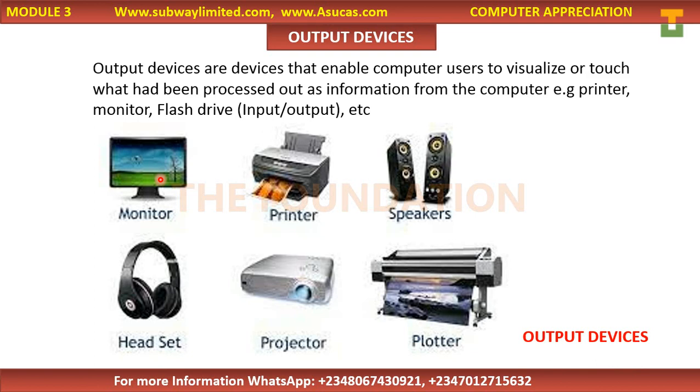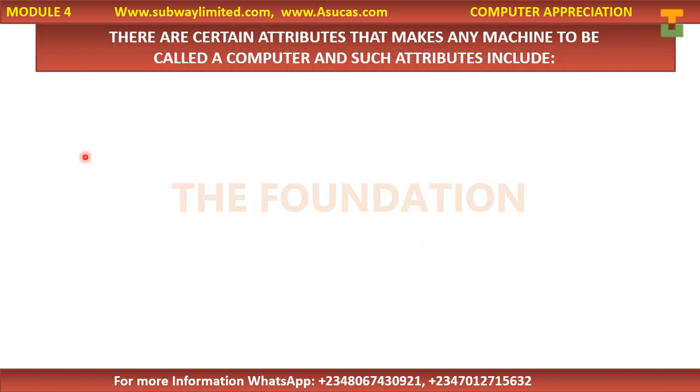These are some of the output devices that you can lay your hands on. The monitor, printer, speaker, projector, plotter, handset. Those are some of the output devices you can lay your hands on. Let's look at a very important concept.